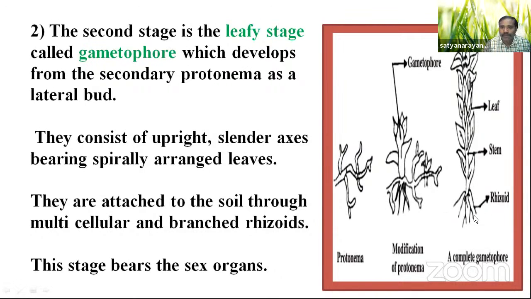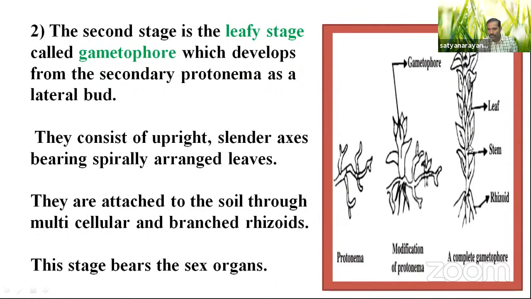It also has rhizoids. The function of rhizoids is to attach to the substratum and to absorb water from the soil. They also bear the sex organs. The protonema stage does not bear the sex organs. What are the sex organs? Antheridium and archegonium. The antheridium and archegonium are present in the gametophore stage only.